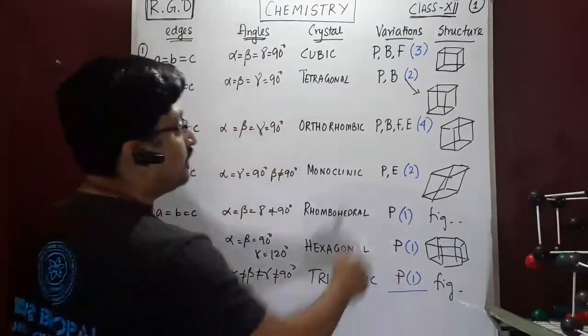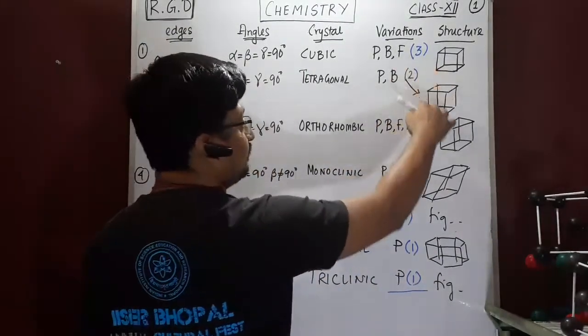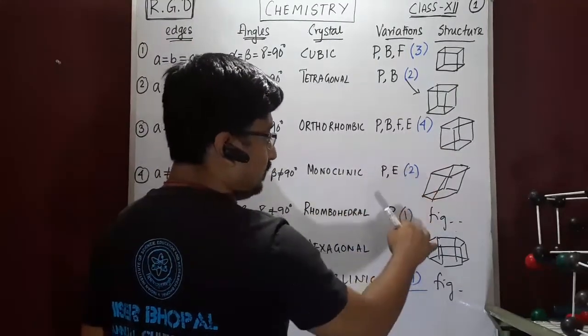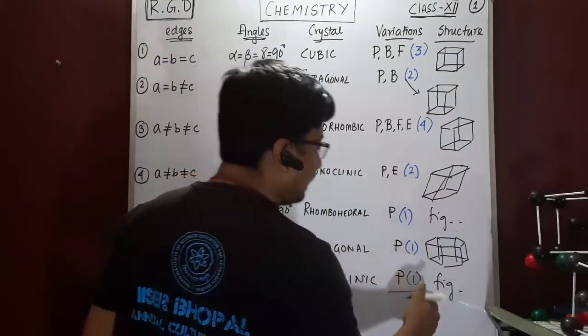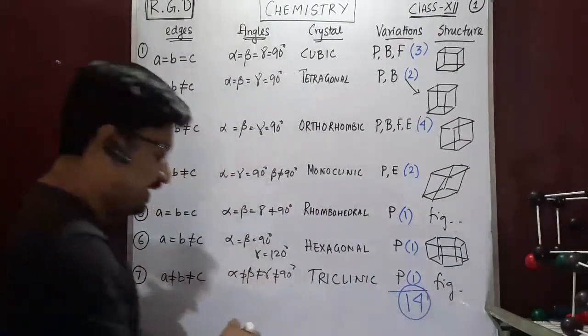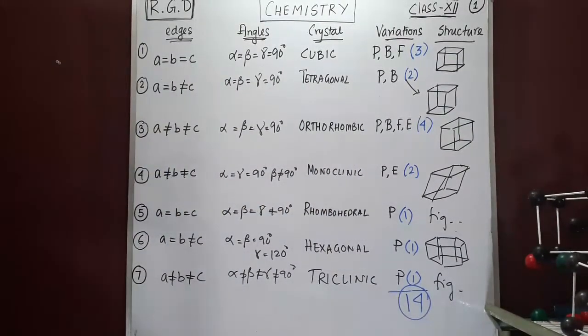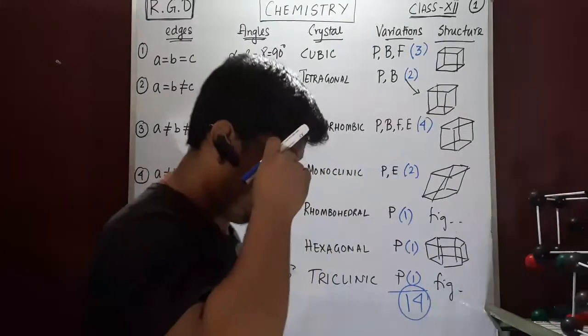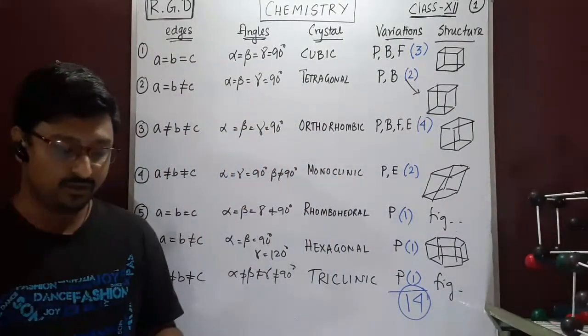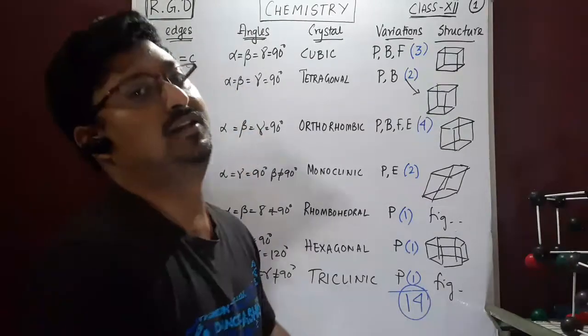Now if you sum up 3, 4, 5, 9, 11, 12, 13, 14. That's why in the Bravais lattice system, you have a total of 14 crystal structures.